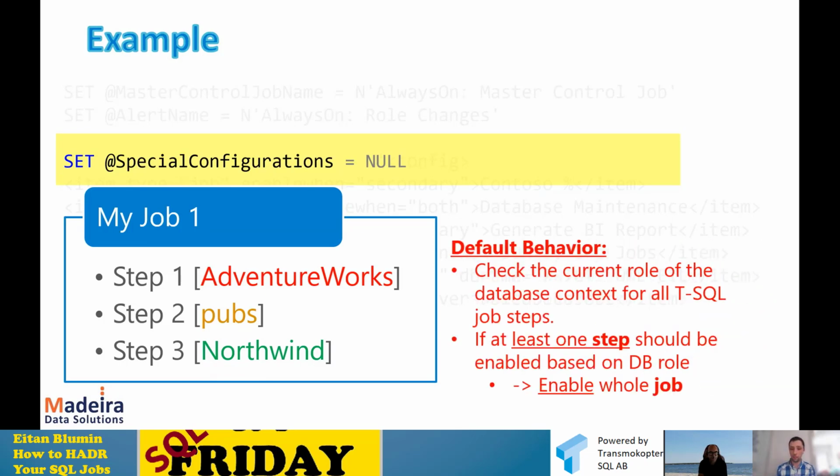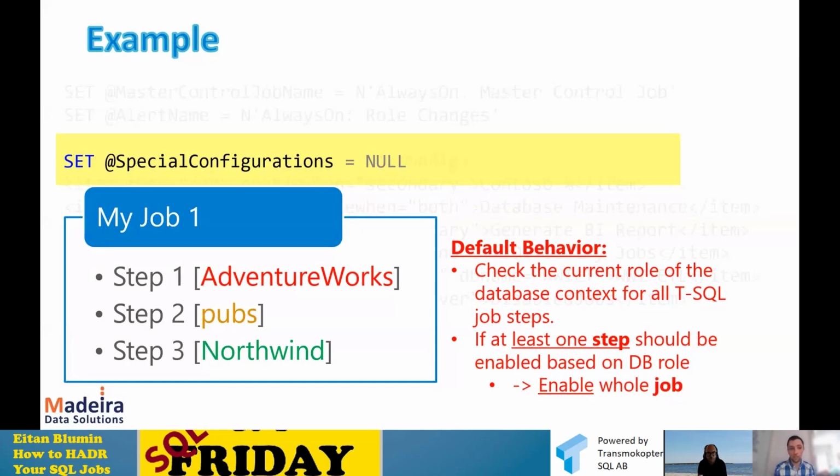The default behavior says: check the current role of each of these database contexts for all the T-SQL steps. And if at least one step belongs to a database which is, let's say, primary, and therefore should be enabled, then regardless of all the other steps, the whole job should be enabled.